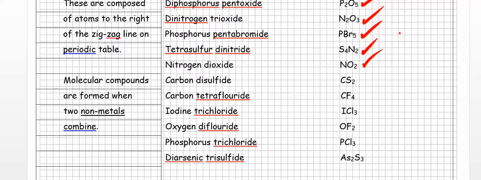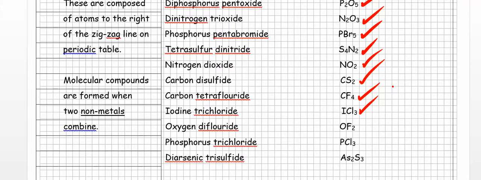And carbon disulfide, CS2. Notice for all of these, both of the atoms are from the right-hand side, or both the elements are from the right-hand side of the zigzag line. Carbon tetrafluoride, we've looked at this one already, CF4. Tetra means 4, so we'll say CF4. Iodine trichloride would be ICl3. ICl3, tri is 3.